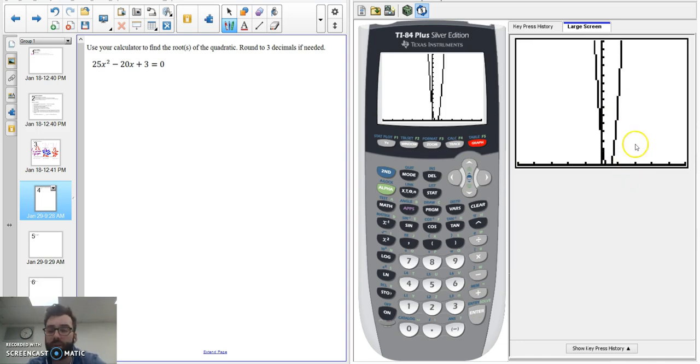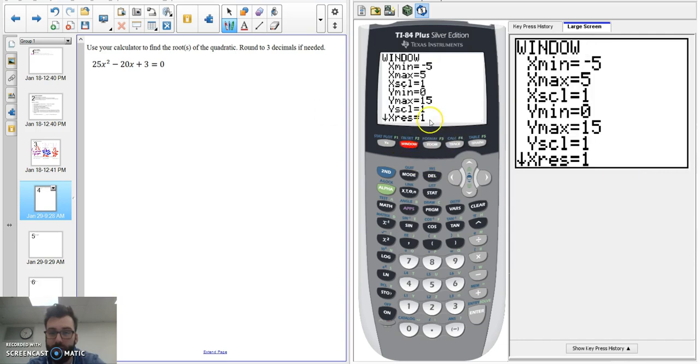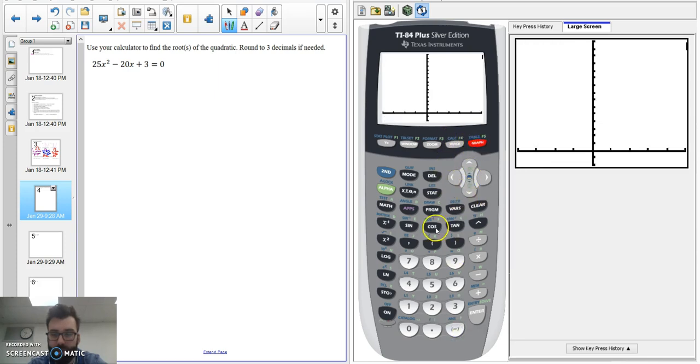All right, maybe I'll go to negative. Maybe I'll shrink this up a little bit more now. All right, let's go -4 to 5. Maybe the minimum is -2. See how that looks.